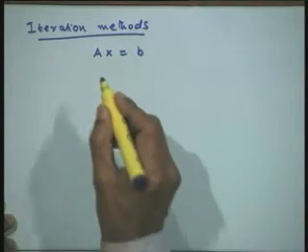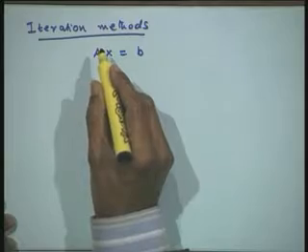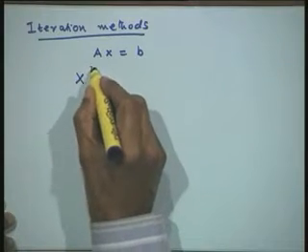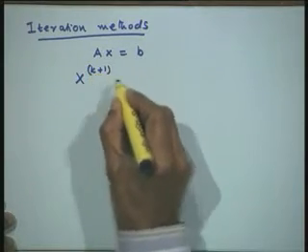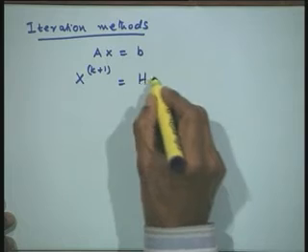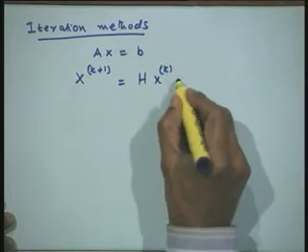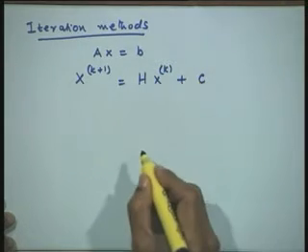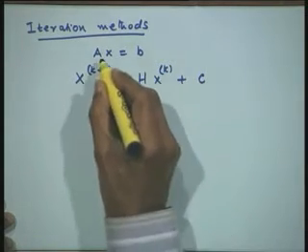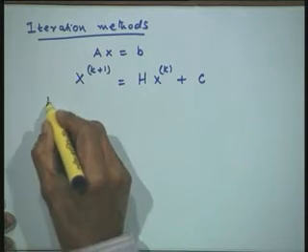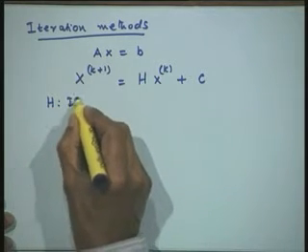We have again the linear system of algebraic equations Ax = b. Then we want to write an iteration method which iterates a given estimate, that is an initial approximation, further and further. That means we would like to write down an iterative procedure of the form x^(k+1) = H x^k + C, where H contains the components of A, and we call this H the iteration matrix.